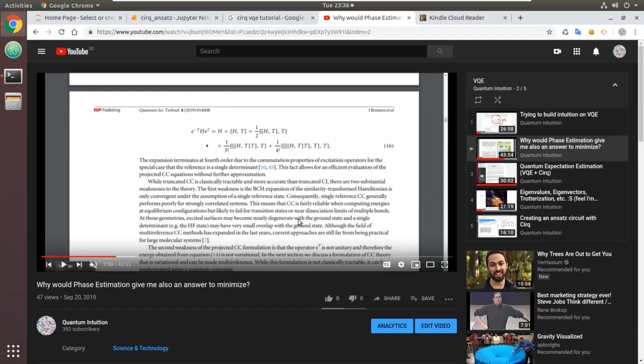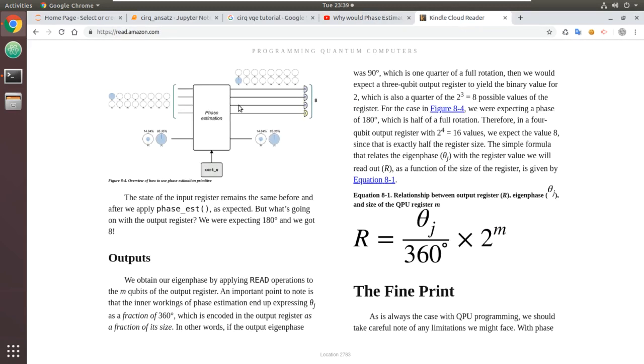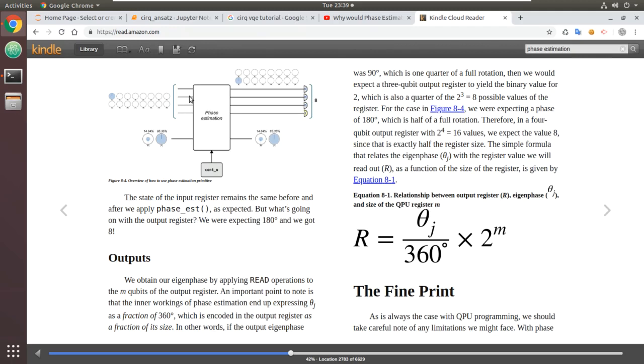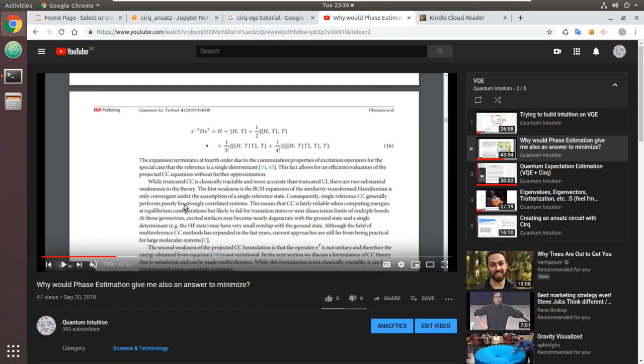Now, phase estimation is expensive, right? Because you've got to use a lot of qubits to actually run that at a meaningful scale. So what VQE is doing is trying to approach that from a different perspective, where you prepare an ansatz, like a circuit, that is supposed to represent your Hamiltonian.